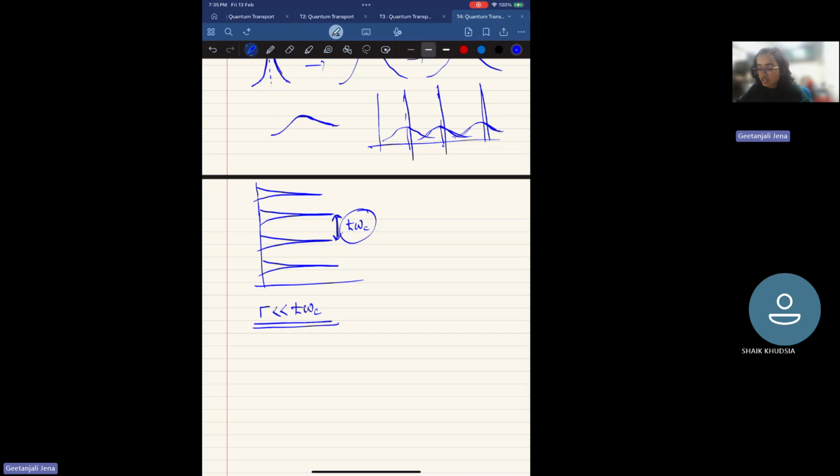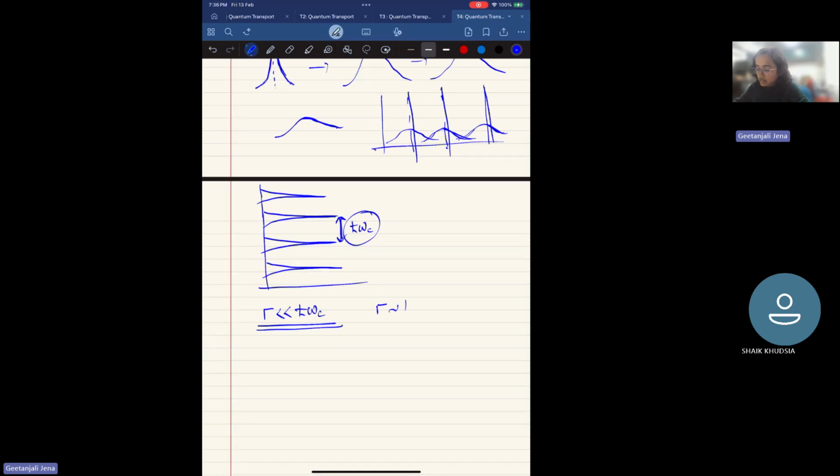Because SdH oscillation occurs whenever there is an increase in the bulk resistivity along the direction of the current because of the quantized energy levels. Now, let us say gamma is in the range of ħω_c.